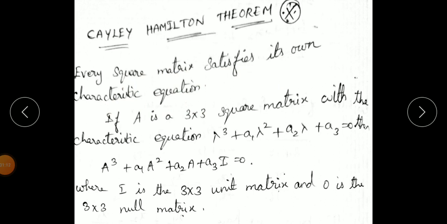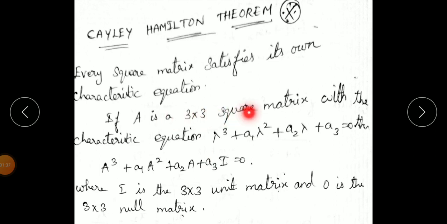So the lambda value in that polynomial equation can be replaced by capital A, and it has to be equated to 0. If you are getting the null matrix as the answer, obviously the square matrix satisfies its own characteristic equation.